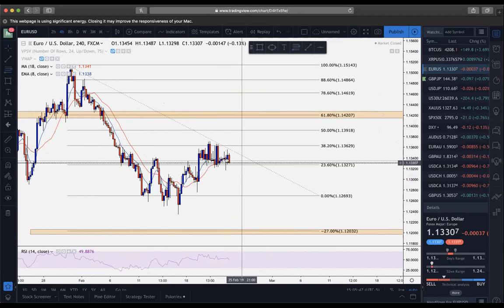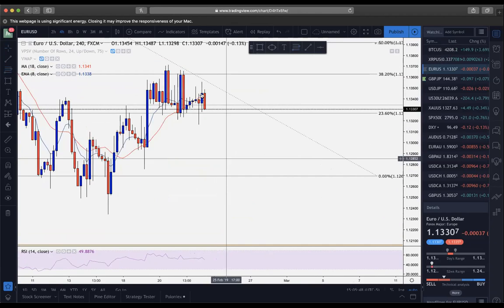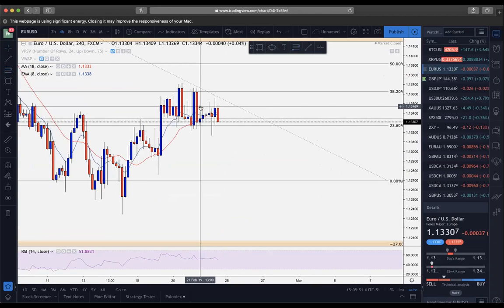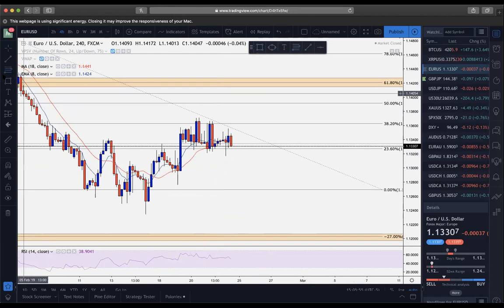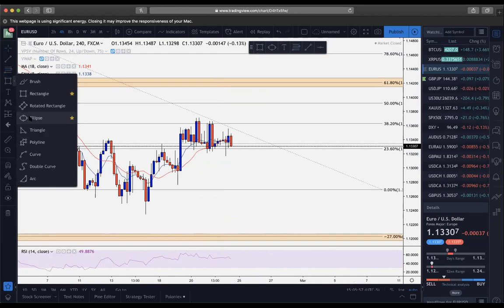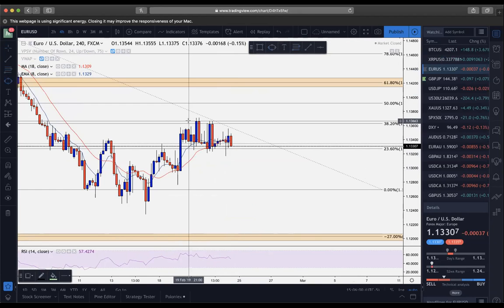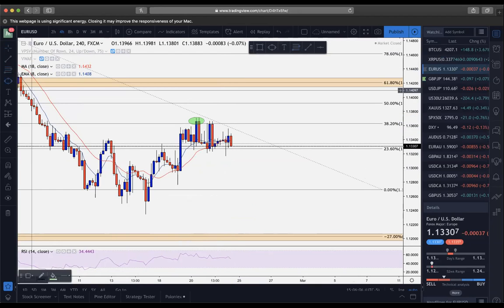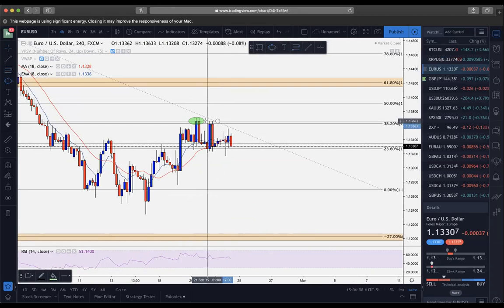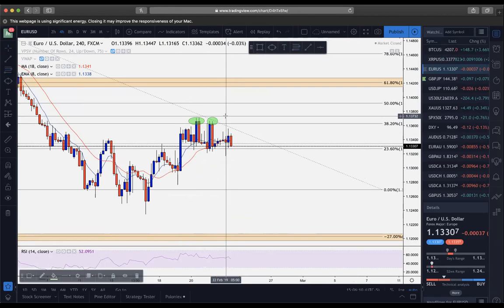So we did get a super bearish engulfing close too. After 2 taps of the 38.2 on the 4 hour. We had 1, 2 taps.